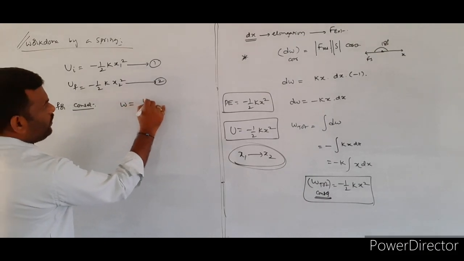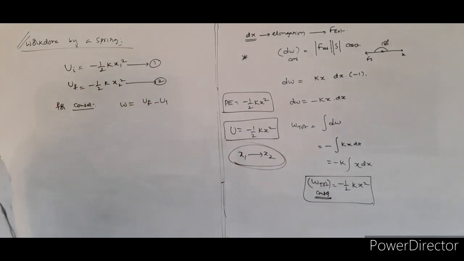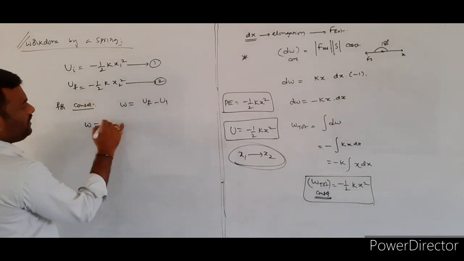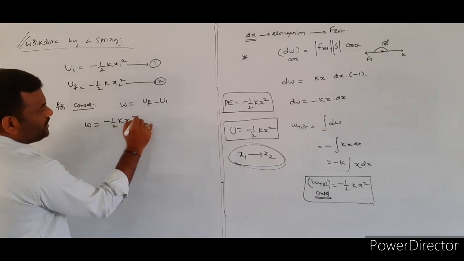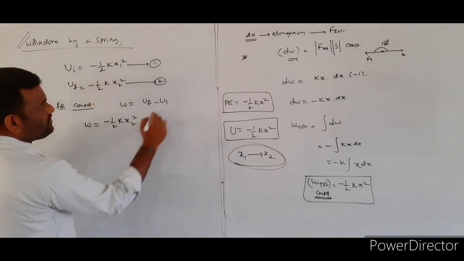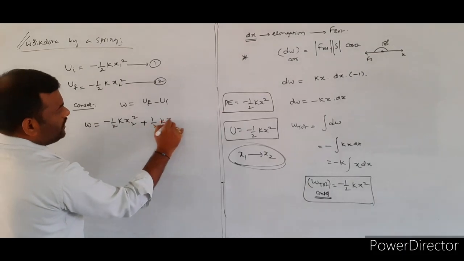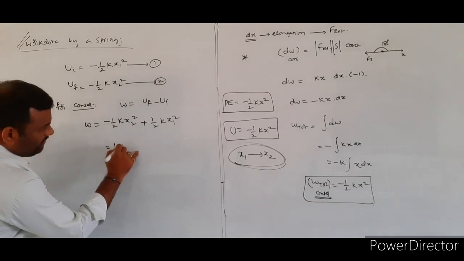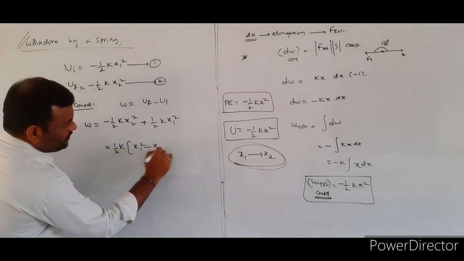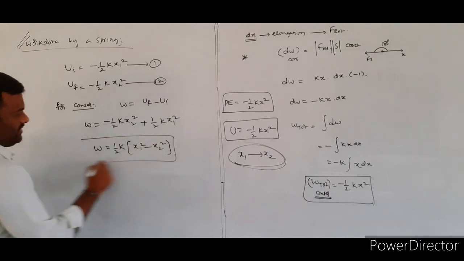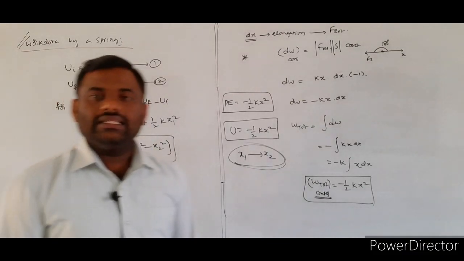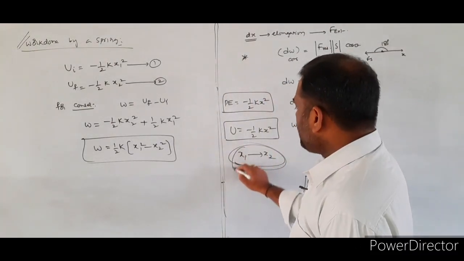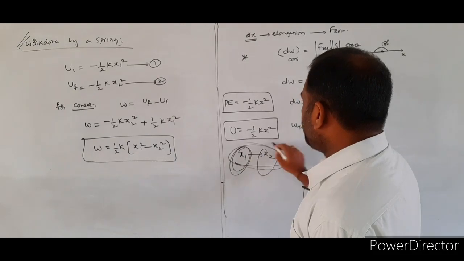Therefore, W is equal to final potential energy minus initial potential energy, that is, minus half into k into x2 square plus half into k into x1 square. From this, half into k will be common: half k into x1 square minus x2 square. So this is the expression for the work done in elongating the spring from the initial elongation x1 to the final elongation x2.